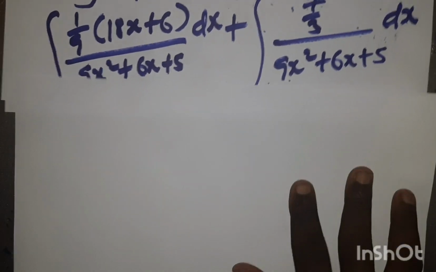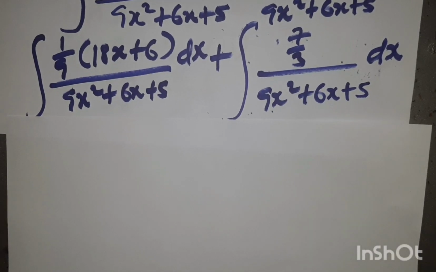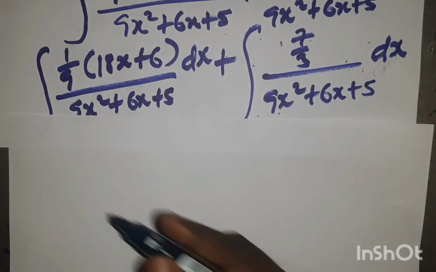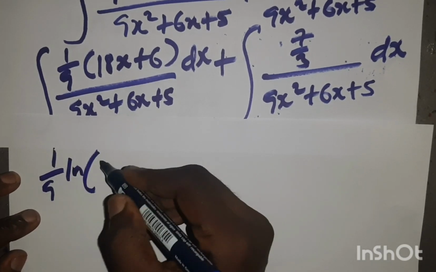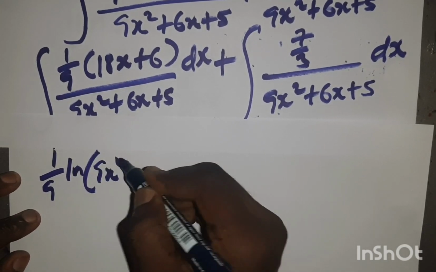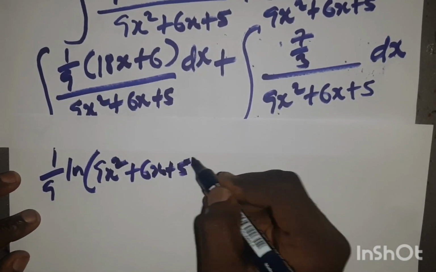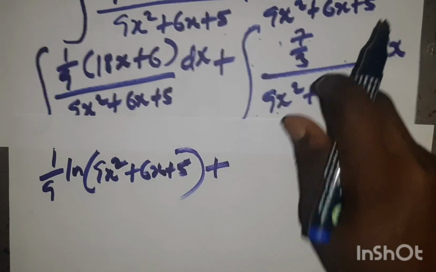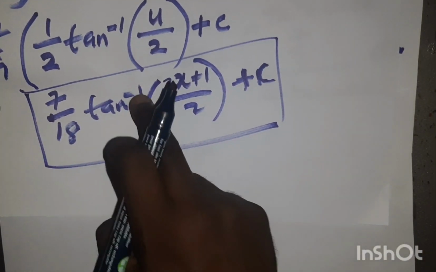So rounding up, finally the concluding part. For this, we got 1 over 9 ln of 9x squared plus 6x plus 5, plus, for this, we got this.